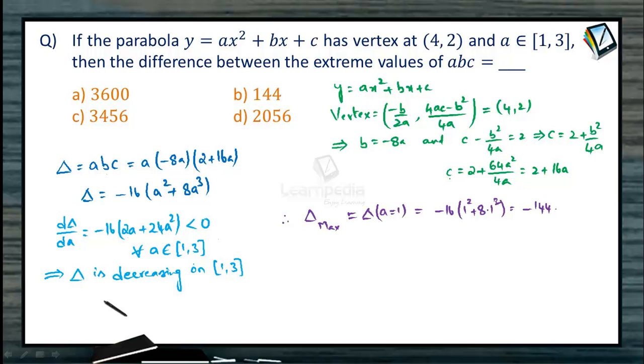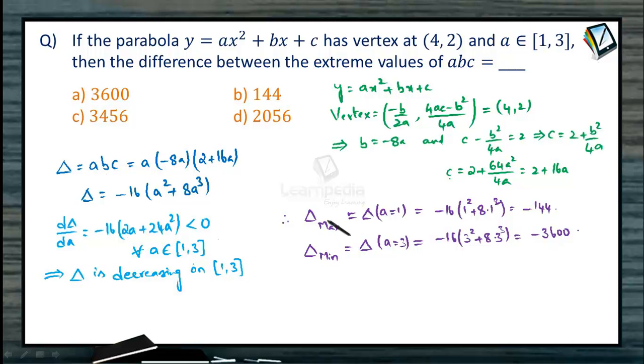And similarly the delta's minimum would be at the upper end, that is the value of delta at a = 3. So how much will be the delta value when a is 3? It is -16 times 3² + 8 times 3³, which is -3600.